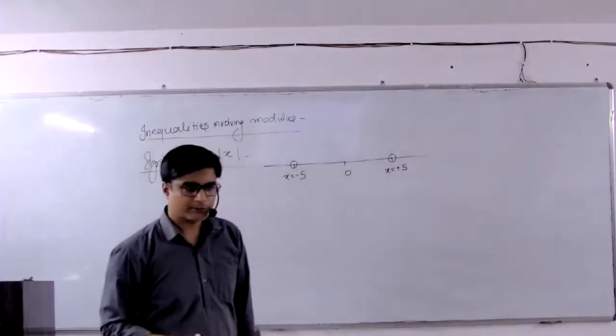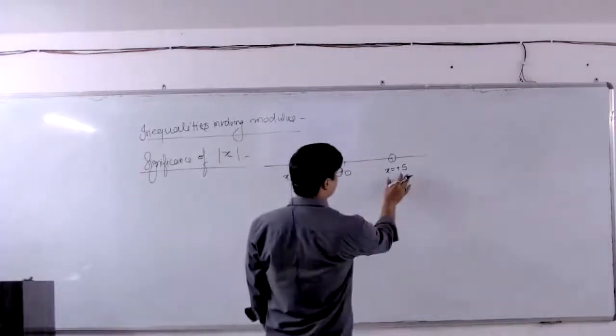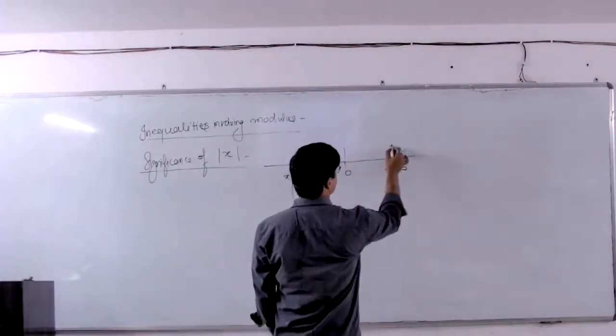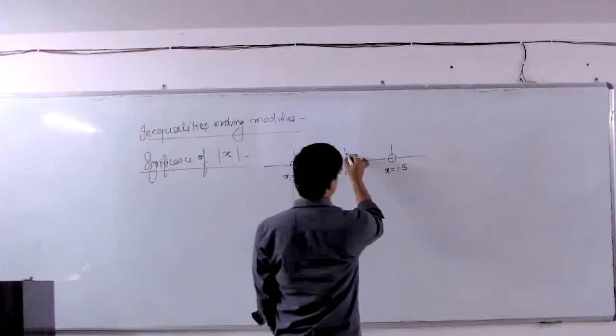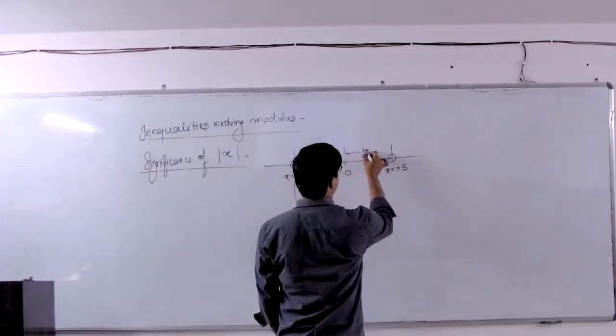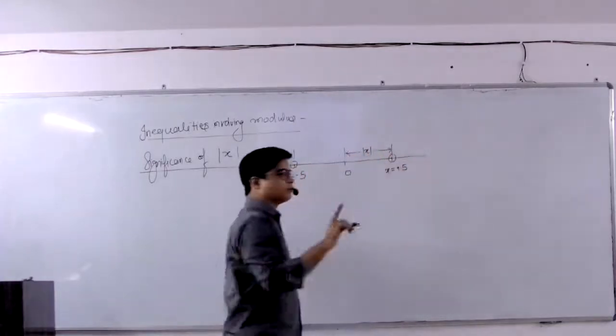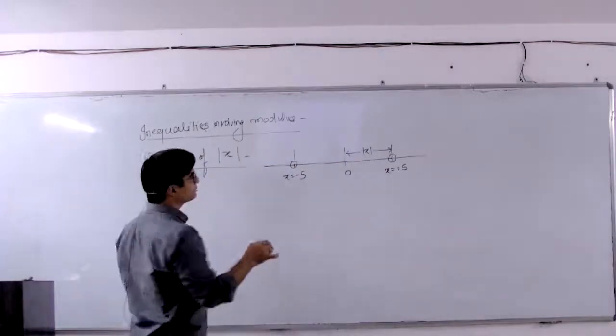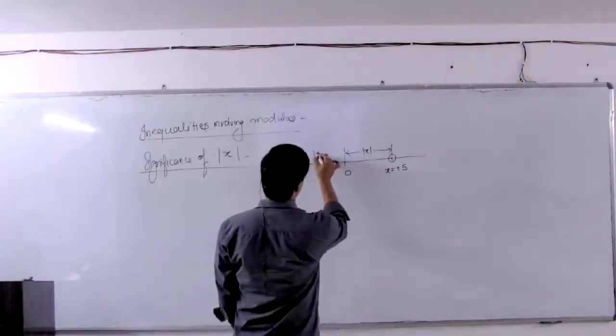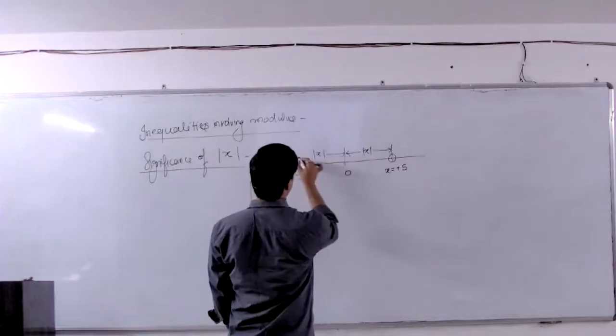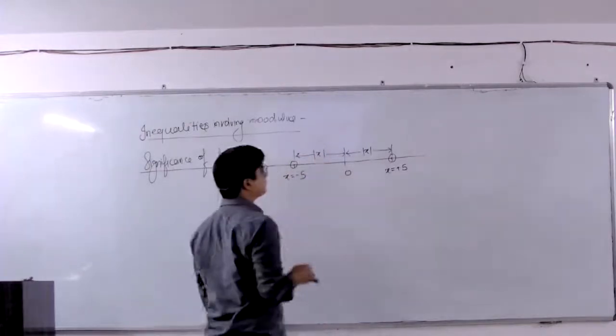Can I say this? It is the distance of x equals to +5 and x equals to -5 from origin. Distance is always positive or not? It is always positive.